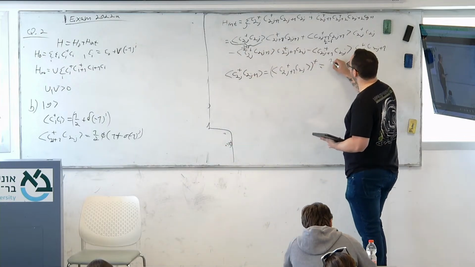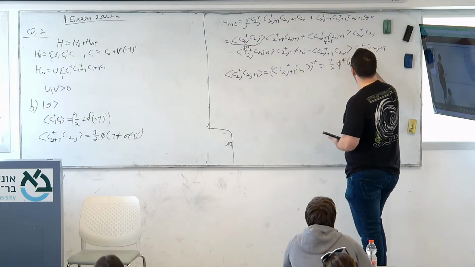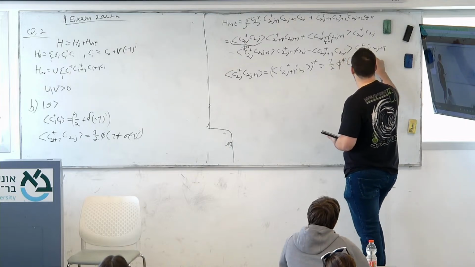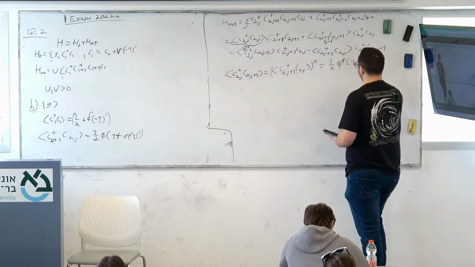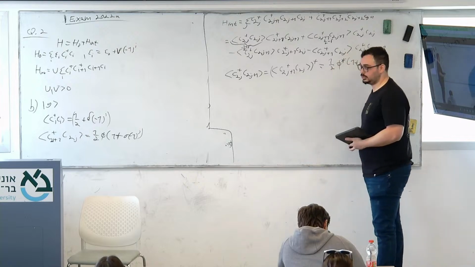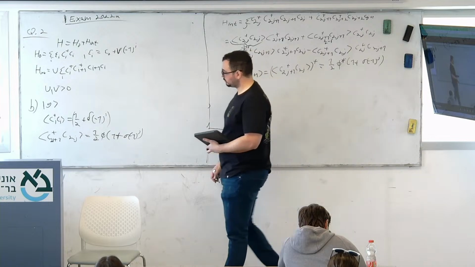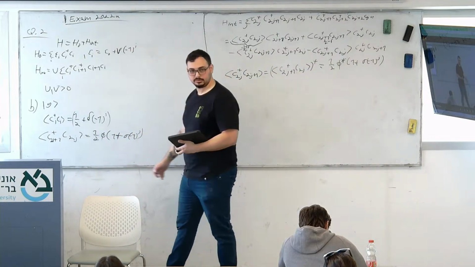It equals 1 over half conjugate, 1 plus delta minus 1 j. Right. And of course, this term is just right.